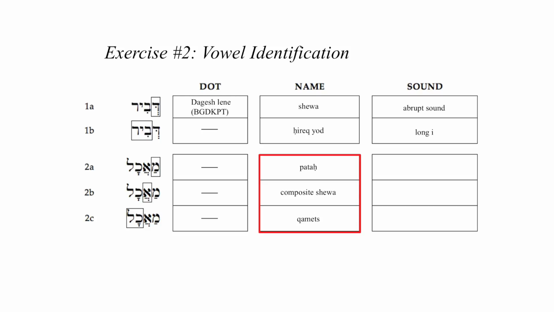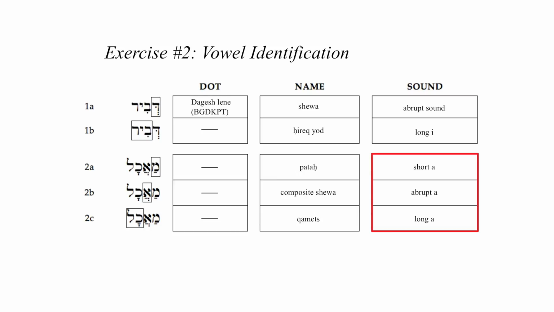And then we move to the last column, and again, we pronounce this according to the sound of each of those letters. So patach is a short A. The composite schwa also happens to have a short A notation with it. So this is going to be a very abrupt A sound.